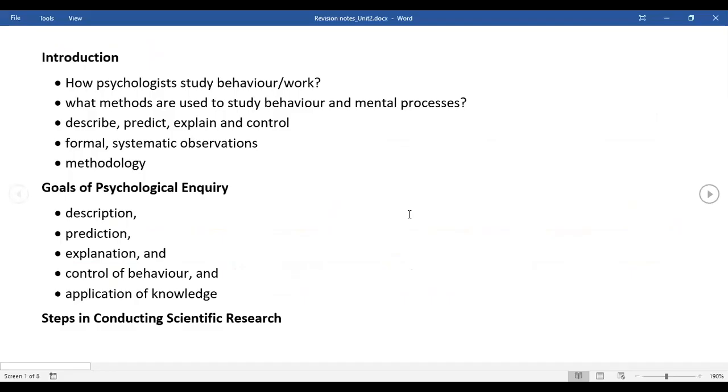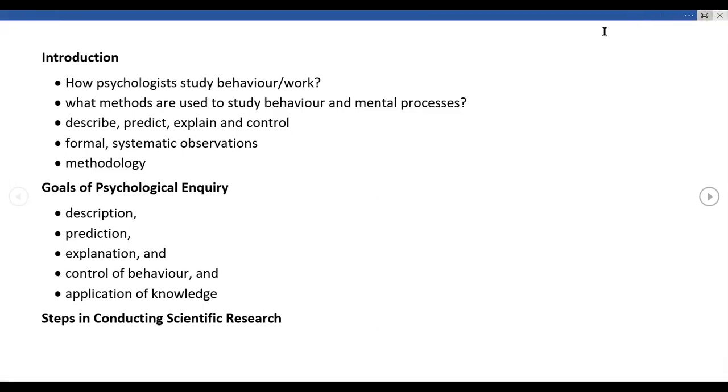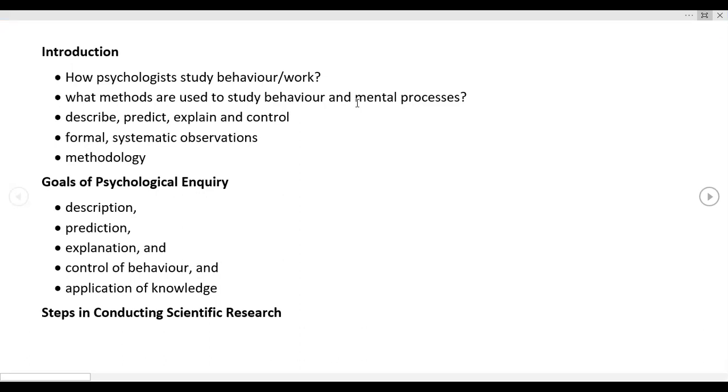So I think even I have explained this area, let us have just a gist of this session. What is unit 2 intended for? That is how psychologists study behavior or work, what methods are used to study behavior.